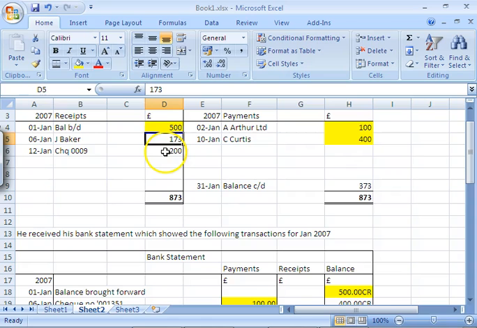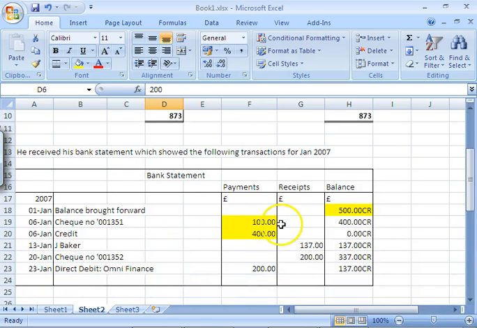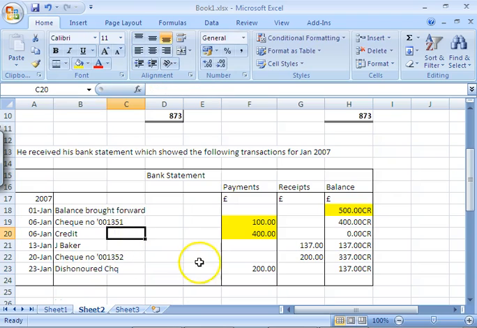Here you received a check of 200 from someone, and you've put in here 200. But of course you can see later on, that's the 200 going in, but that's the 200 coming out because the person just didn't.